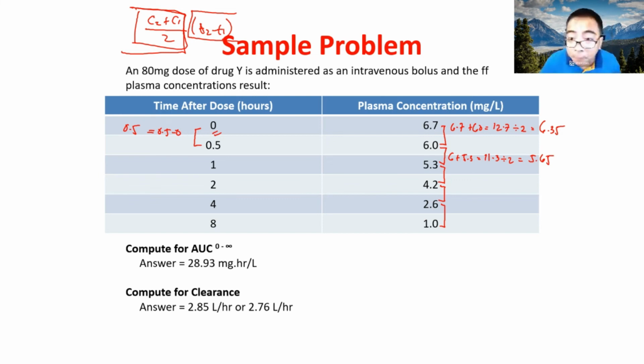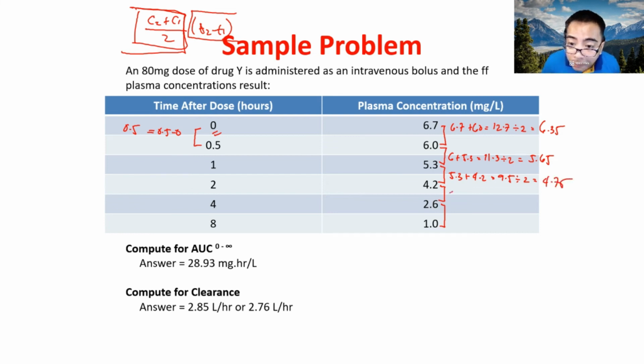Next one. 5.3 plus 4.2 equals 9.5 divided by 2, 4.75.